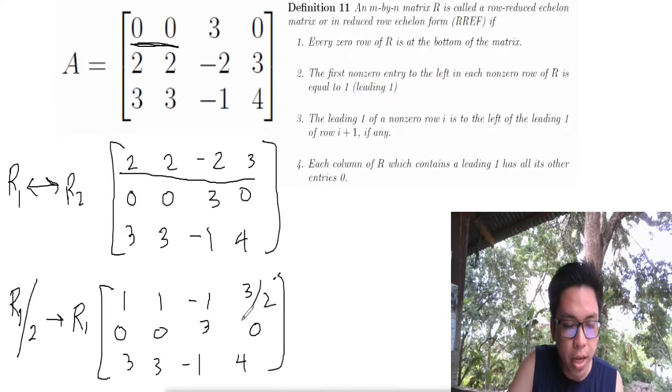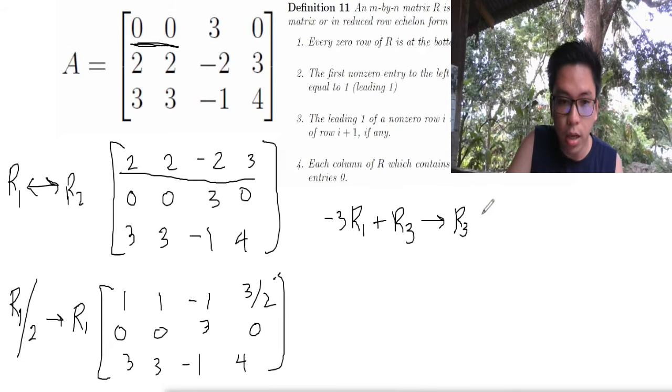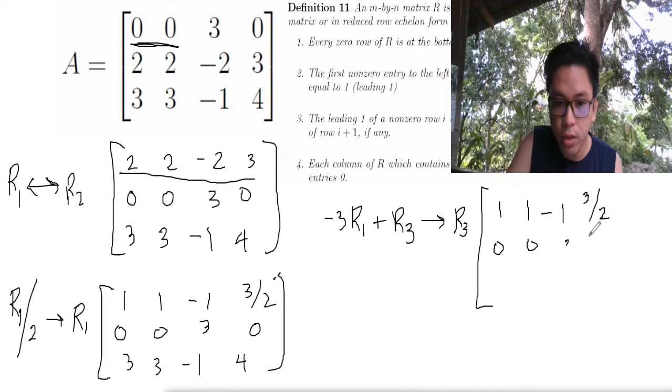The next thing is to simplify R3, and I want these first two entries to be 0. So I'm going to multiply R1 by negative 3 and add that to R3, and that will be my new R3. Finally I get 0, 0, 2, negative 1 half.